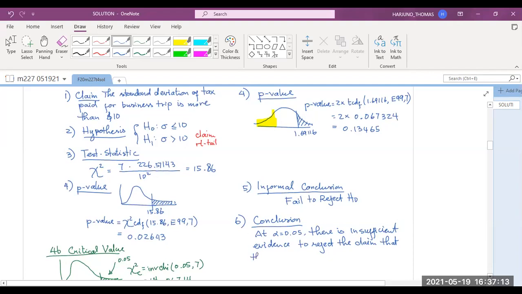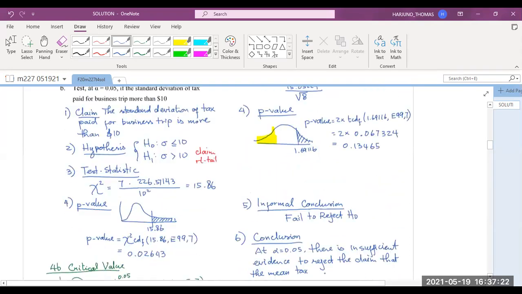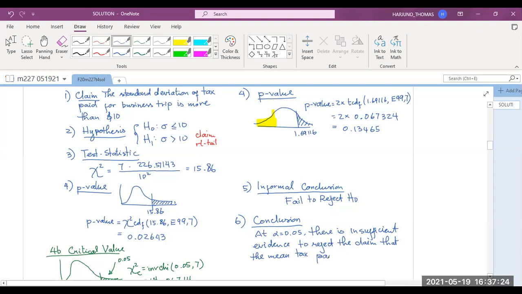Claim that the mean tax paid for business trip is $75. So maybe it's not $75, but so far it's not too much different, right?